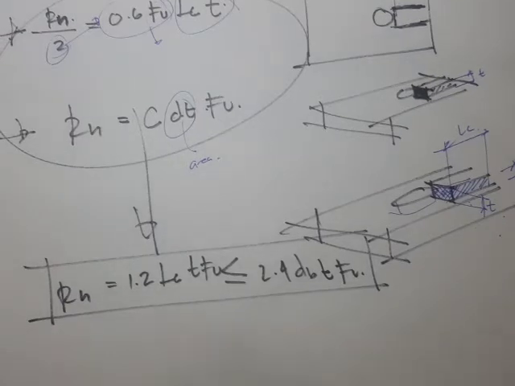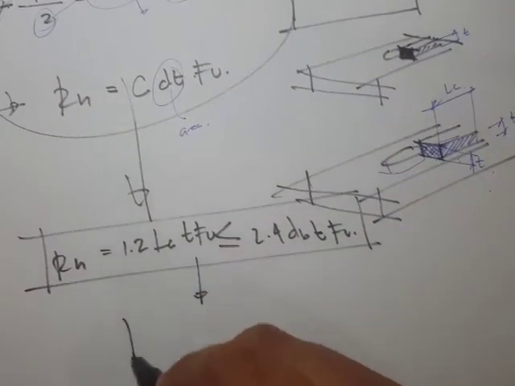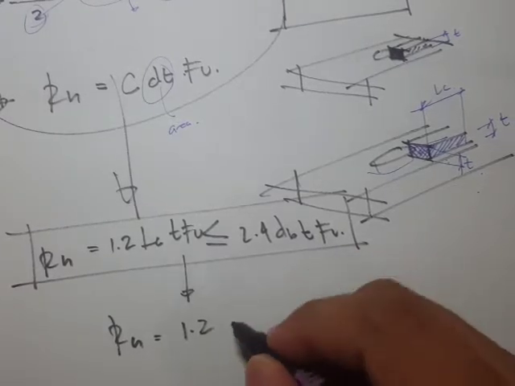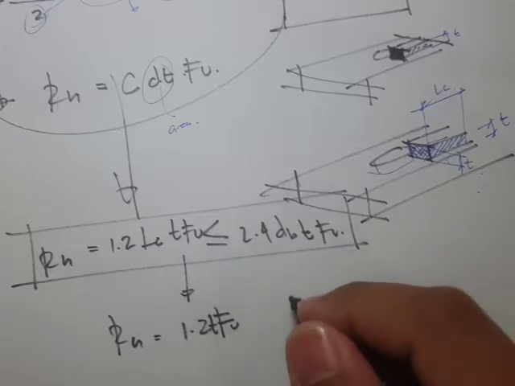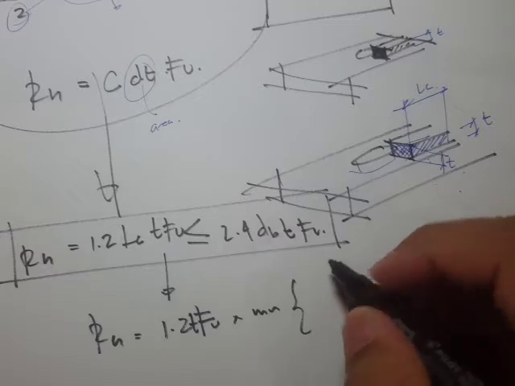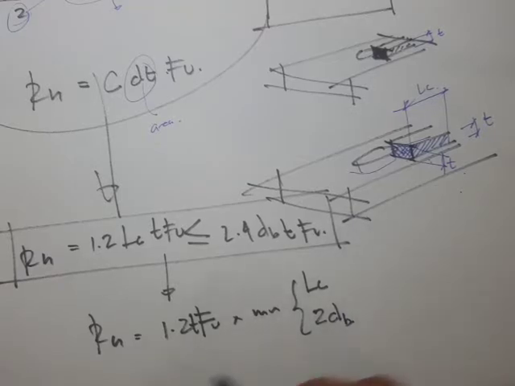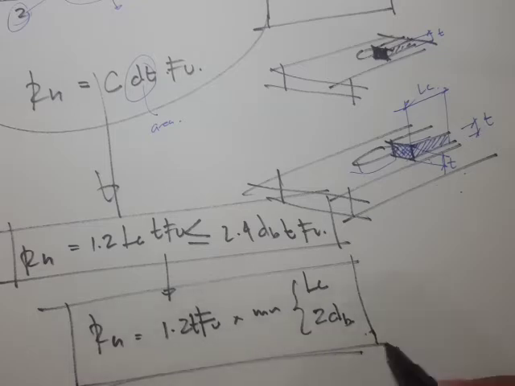However, we can also rewrite the equation in simpler terms as 1.2 D times the Fu times the minimum of either LC and 2 times the bolt diameter. Okay, so in our calculations we will use these expressions.